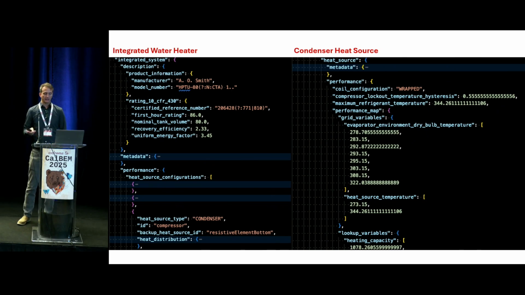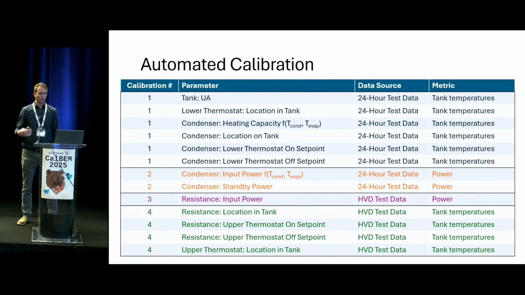Because now that they're part of a machine-readable JSON format, we can programmatically modify the parameters in this file to calibrate these models. And so we're now working on developing an automated calibration process where we can break the problem into 4 smaller calibrations. One, where we're calibrating all of these parameters using the 24-hour tests, matching the tank temperatures.